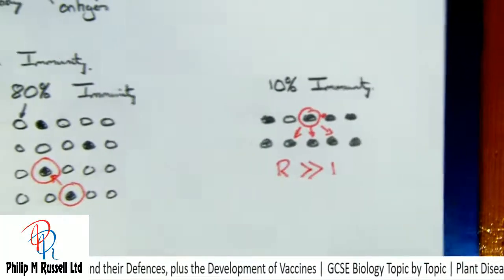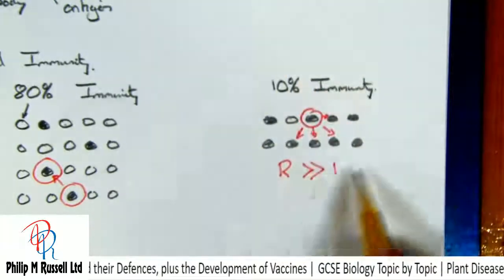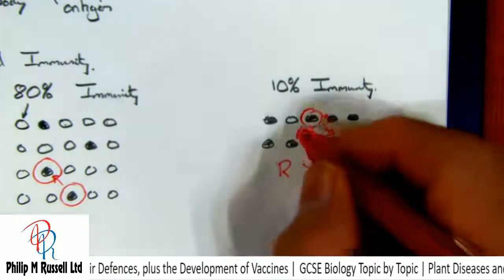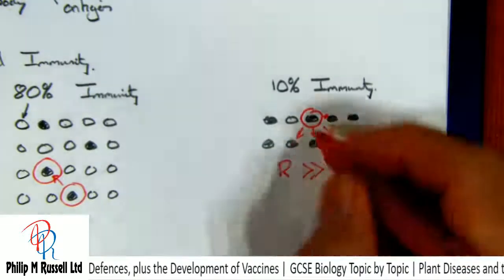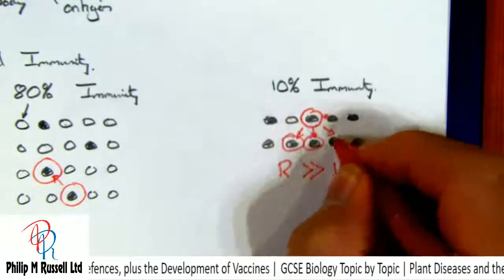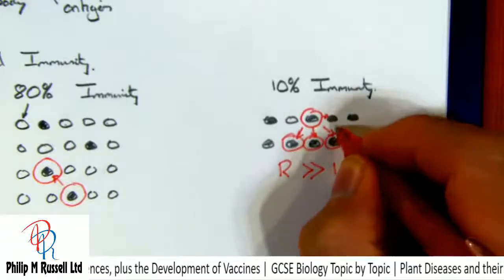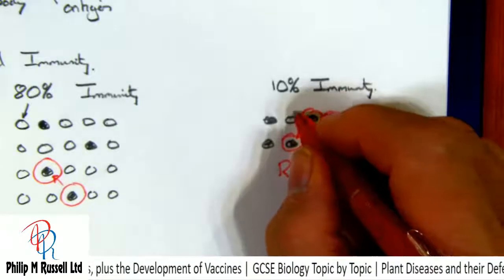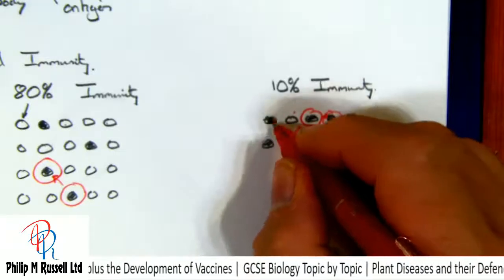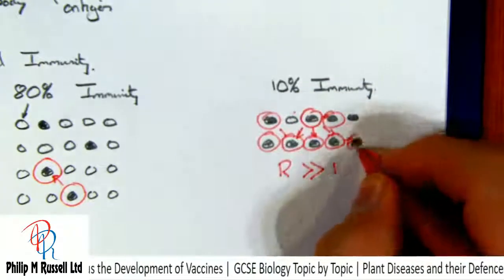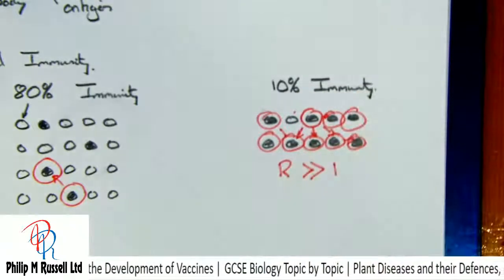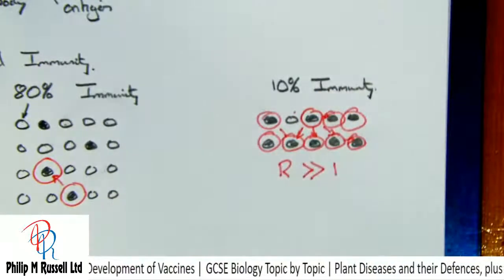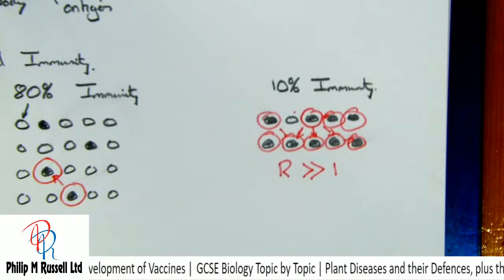Otherwise, with only 10% of the population immune, these other people become infected, and then these people become infected, and we see this racing through the population.